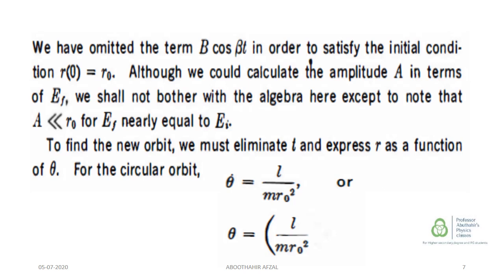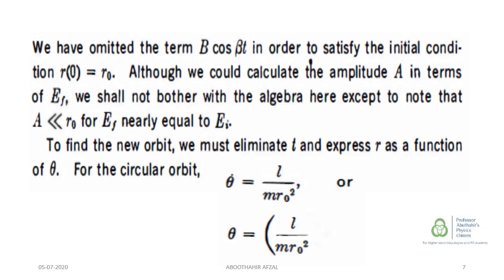So we are going to express the angle, that is theta. For the circular orbit, as we know, the angular velocity theta dot is given by L by m R0 square.